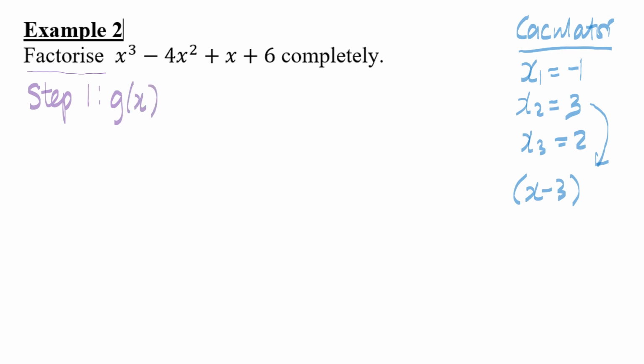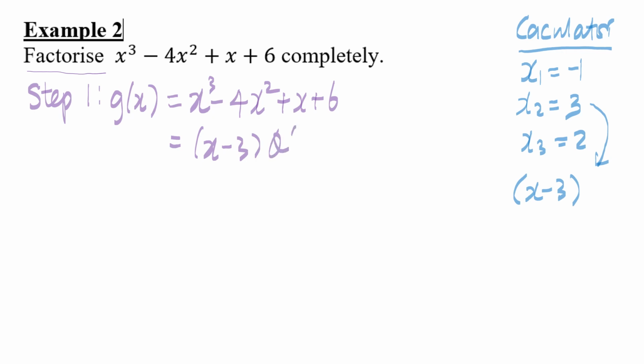You can use any other letter if you want to, usually we just use f of x or g of x, because f is the first letter of the word function, right? So g of x is equal to x cubed minus 4x squared plus x plus 6. And that will give us your factor, which is x minus 3.